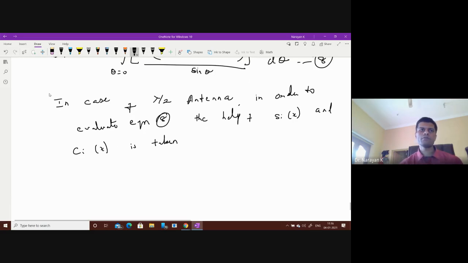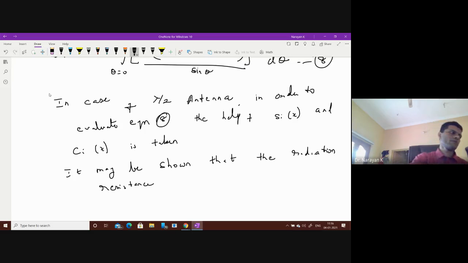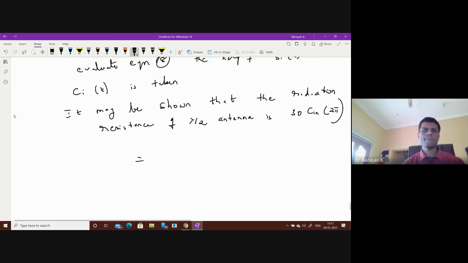Next, write a statement. It may be shown that the radiation resistance of lambda by 2 antenna is 30 cosine x function of 2 pi, which is given as 30 into 2.44, which is approximately 73 ohms.